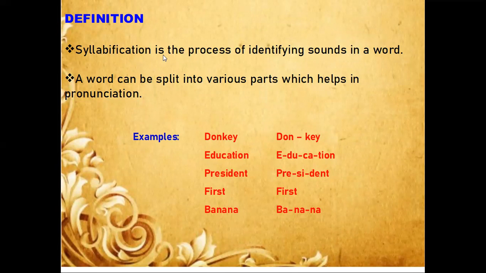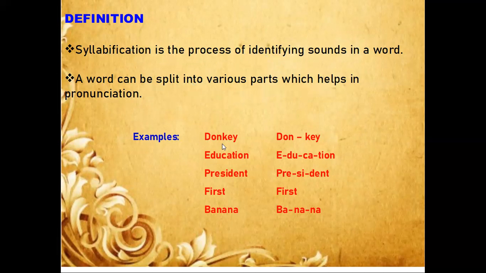A word can be split into various parts which helps in pronunciation.